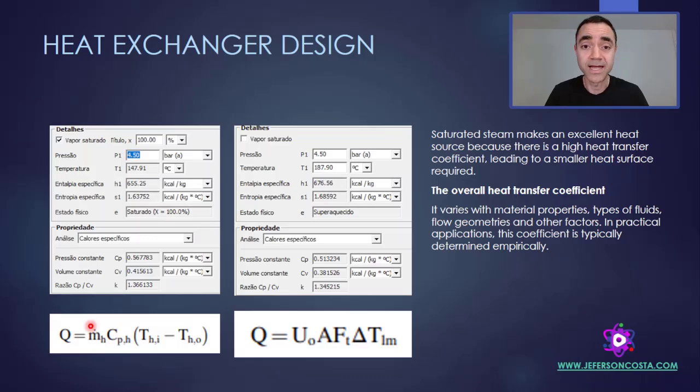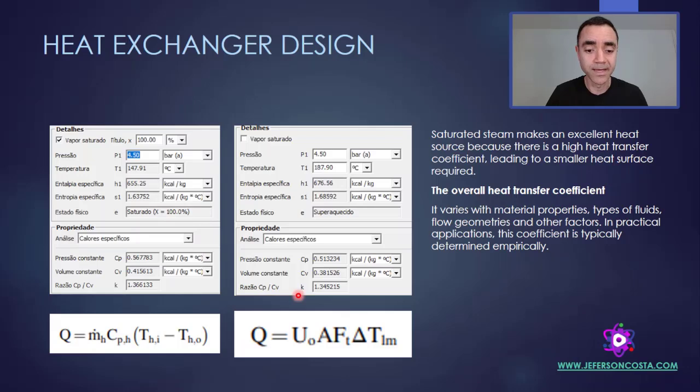If I have less mass of steam in my process, I need a smaller equipment because my flow is lower and my equipment will be smaller because the pressure drop will be lower, etc. So this is another way to understand why saturated steam is preferred for heat exchanging processes over the superheated.